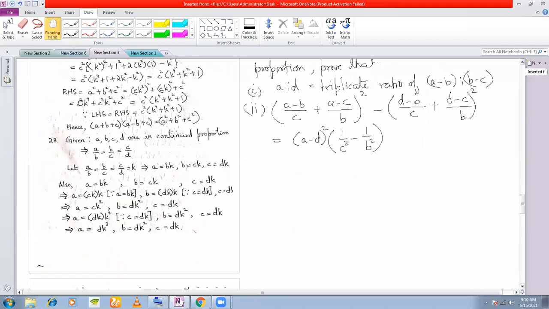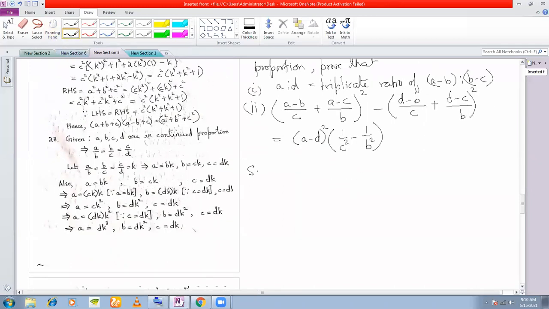So here if you see, the question is 4 numbers are in continued proportion. Okay. Given A, B, C, D are in continued proportion.